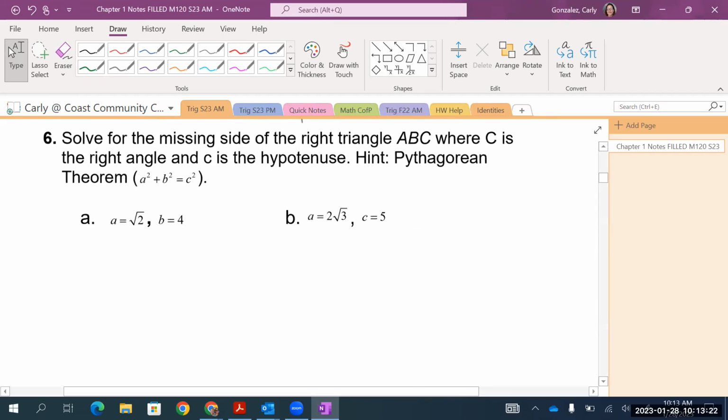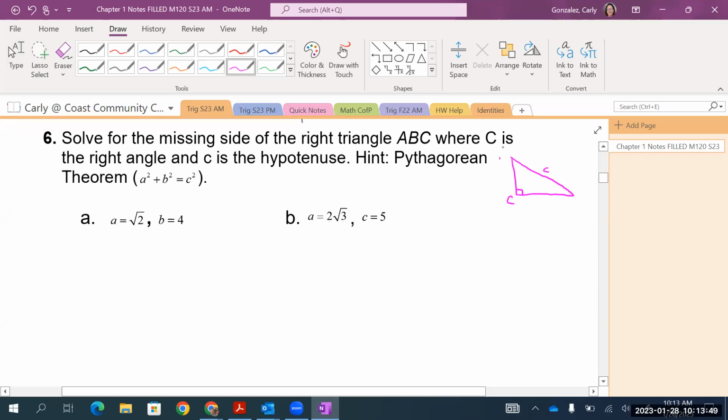So I'll go ahead and draw an example of a right triangle. And if we denote that C is the right angle, which means that little c is going to be the side opposite the right angle, and we call that the hypotenuse.